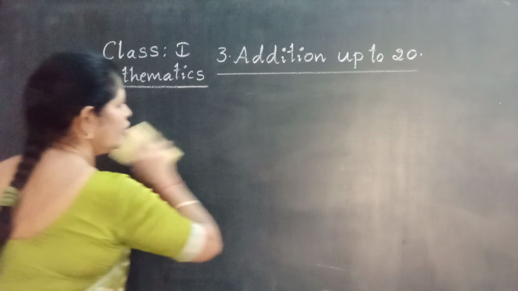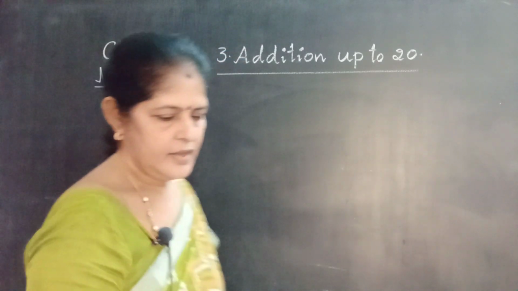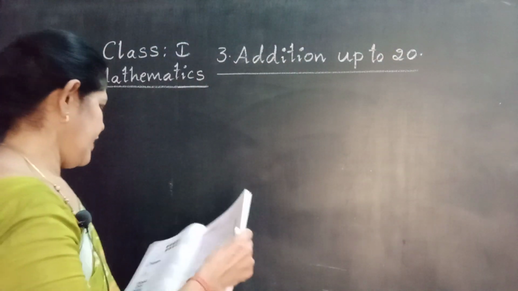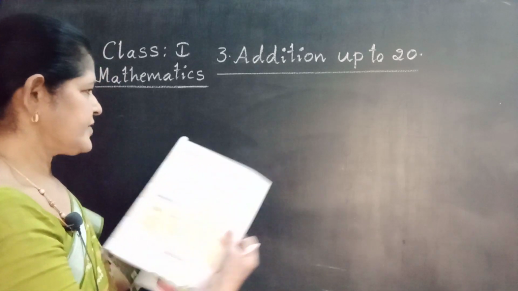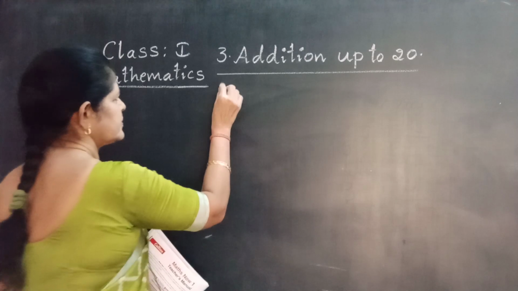This is going to add 3 one-digit numbers. Now go to word problems, page number 44, Exercise 3F, word problems.